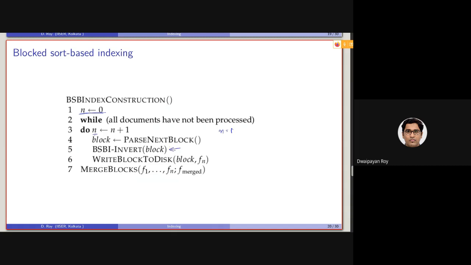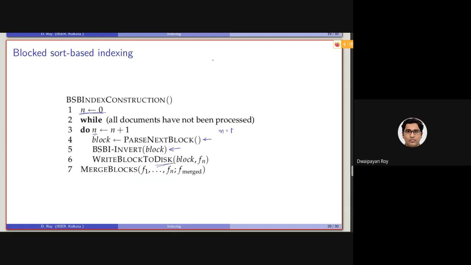This function is responsible for sorting the individual lists, right? This part is responsible for the tokenization and linguistic processing, and this is sorting the list. And the block of data will be written back to the hard disk.